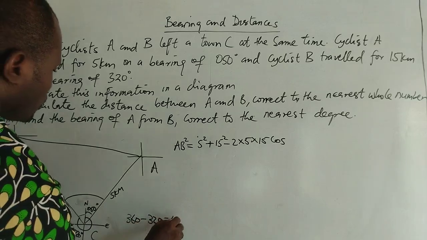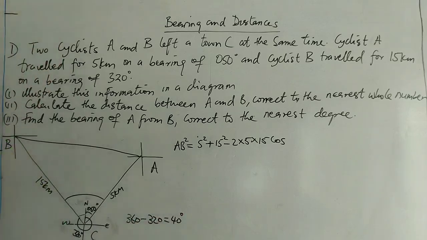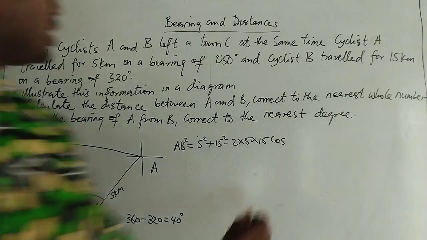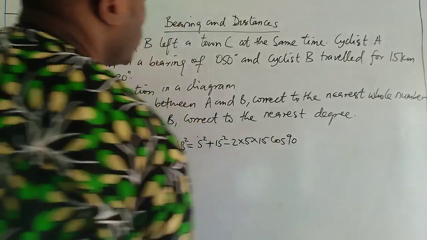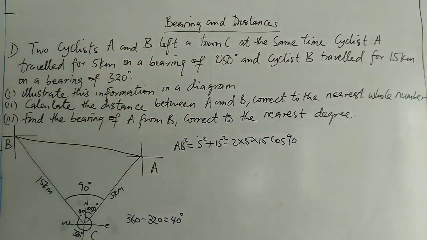And that will give us 40 degrees. So this portion is 40 degrees. And if you add the two of them, you will get 90 degrees. So our included angle is 90 degrees. And we'll put it here. That's what we are going to use in our calculation for the cosine rule.